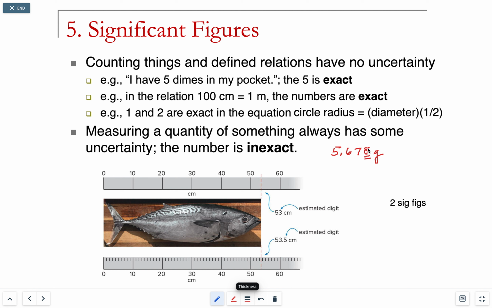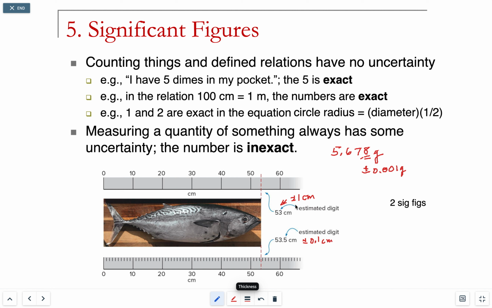A little bit. Sometimes it'll even fluctuate between 7 and 9 a little bit. So we're saying that we know this value to plus or minus 0.001 grams. We're saying that we know this digit to plus or minus 1 centimeter, and we know this measurement to plus or minus 0.1 centimeter.